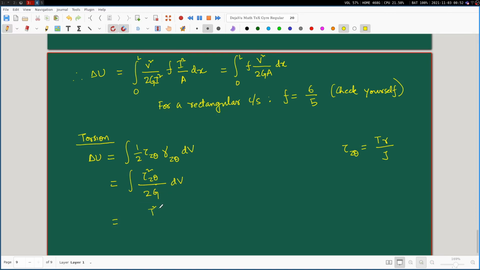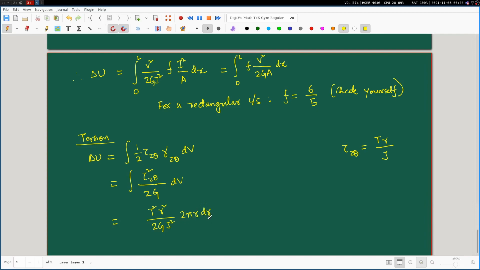I'll obtain T square R square by twice G J square. Correspondingly, what I want to do is decompose this dV also into this kind of an expression.